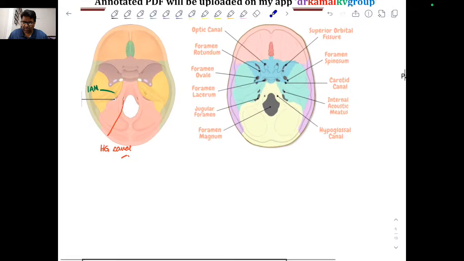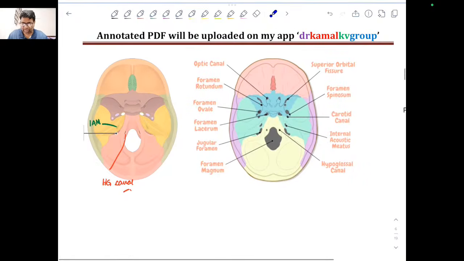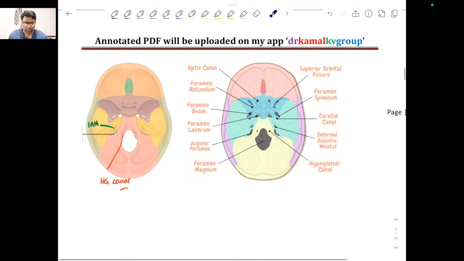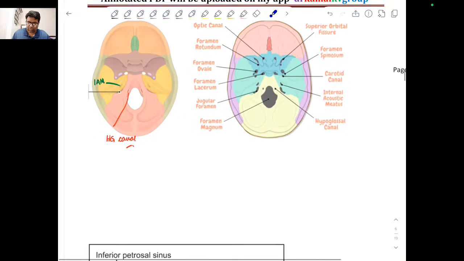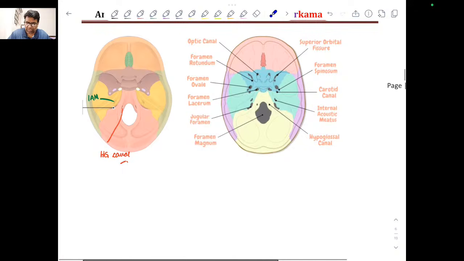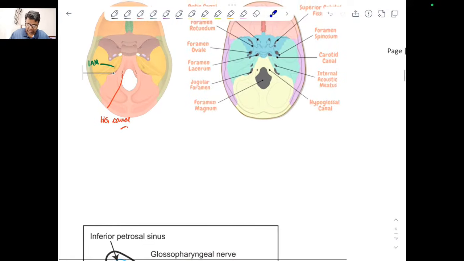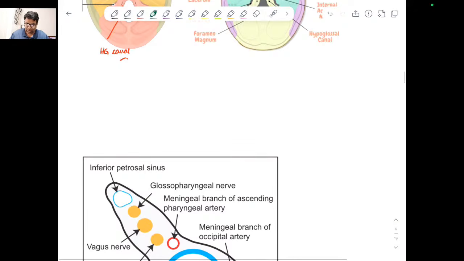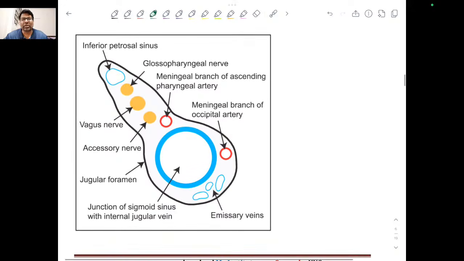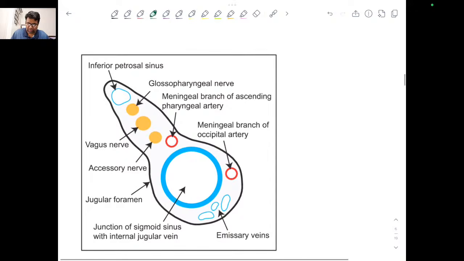Now these foramens are extremely important. Please make sure that you know them very well. So this is how you can correlate the foramens, and it is very important for you to remember. Now coming to the jugular foramen, as we already discussed, there are three nerves which are passing through this.